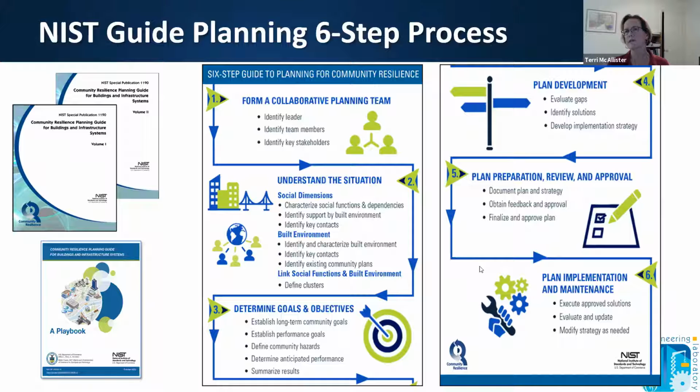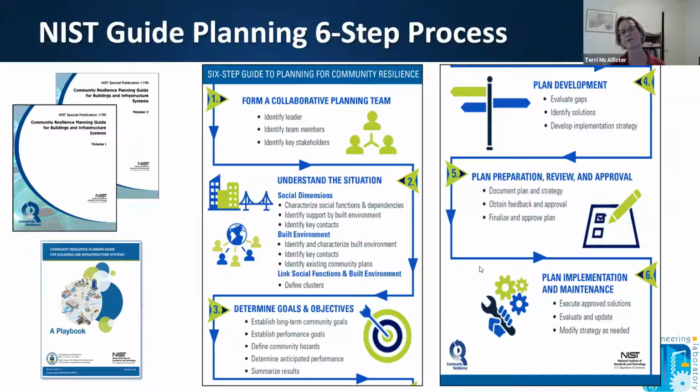So out of these 6 steps here, the first 3, form a collaborative planning team, understand the situation for your social and physical systems in your community, and determine goals and objectives for resilience planning. These were the 3 that we found were critical to having an informed plan and were least likely to be done in many communities.